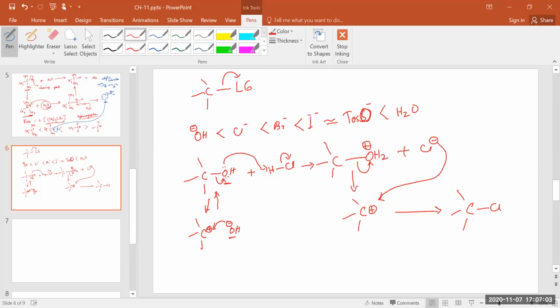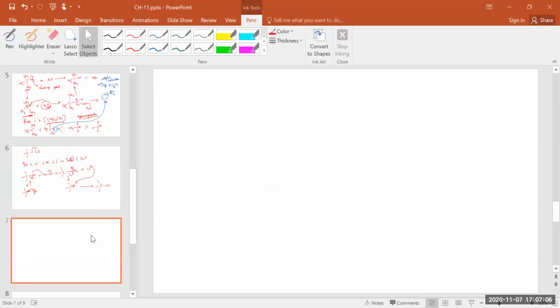One of the ways of making a leaving group, suppose you have an alcohol like this one: converting it into a halogen makes a leaving group. See this reaction, it takes SOCl2, which can react here.